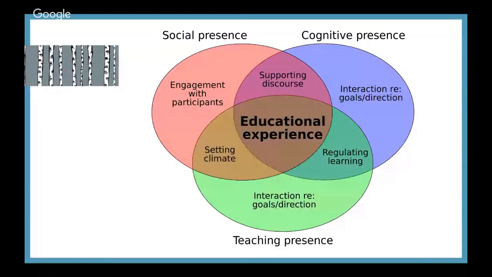So the helpful thing about this framework, and this is what Owen discusses in his video, is it helps us think about what presence means in a course and how a fully immersive and rich online course is going to have not just the cognitive, you're not just gaining domain knowledge, but there's also a level of social engagement, as well as presence of a teacher.